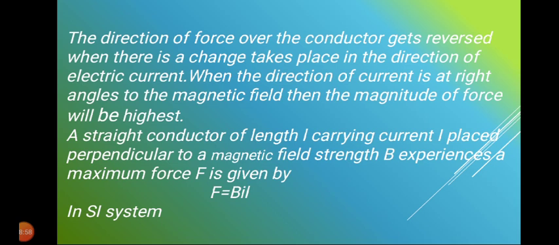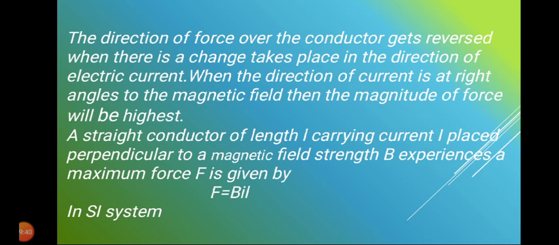Okay, now we can consider a straight conductor of length L, which is carrying current I, placed perpendicular to a magnetic field of strength B. Then the maximum force F experienced is given by F is equal to BIL, where F is the force, B is the magnetic field strength, I the flowing current, and L the length of the conductor.